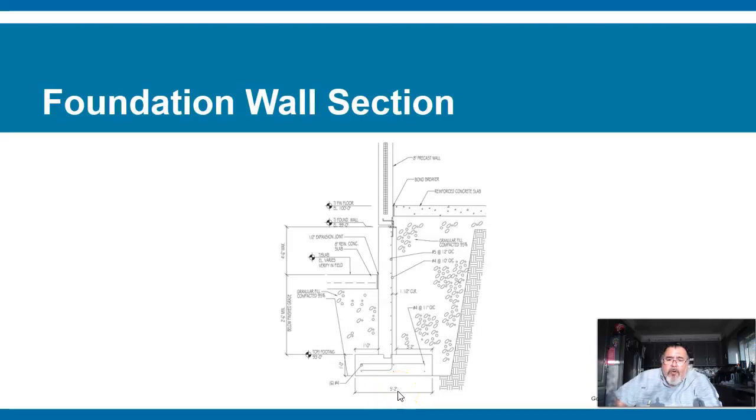So it's got a big old fat 1 foot thick footing, but a big wide foot. And then it's got a wall that goes 2 feet 6 underground and 4 feet 6 above ground.